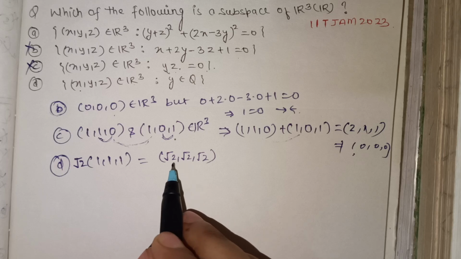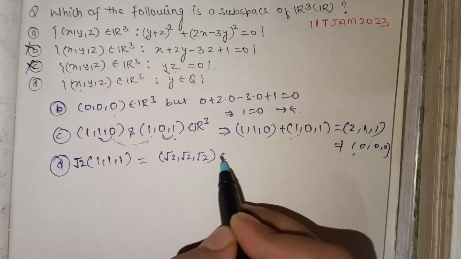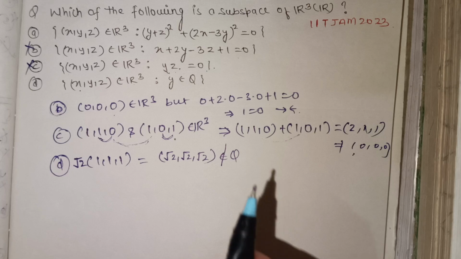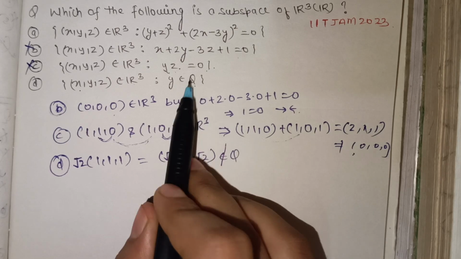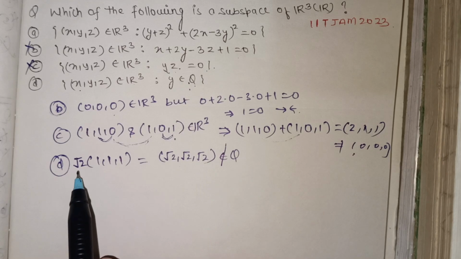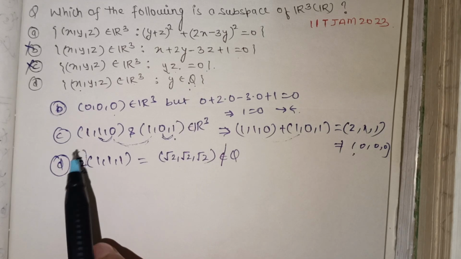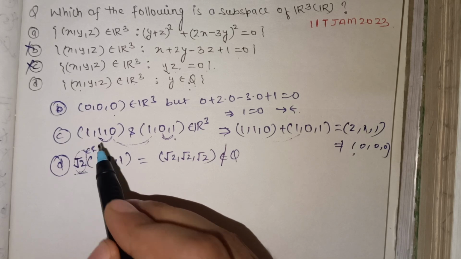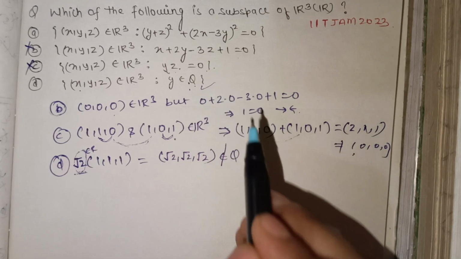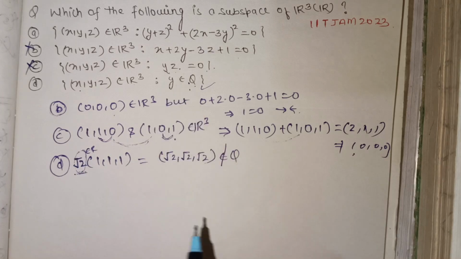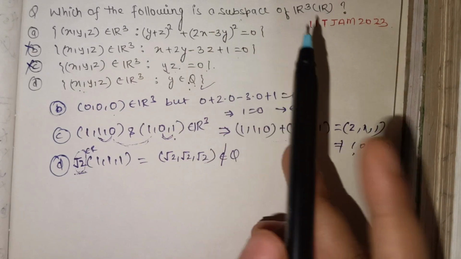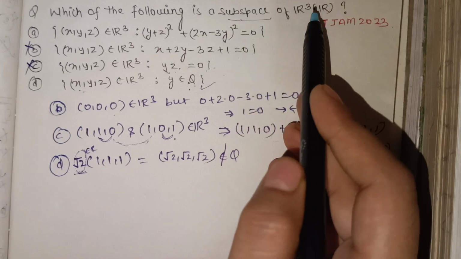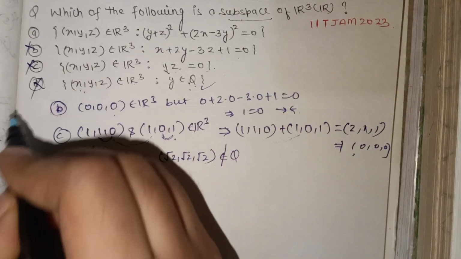Here y is an irrational number, which does not belong to Q, so this does not belong to the set. This is a scalar multiplication by a number belonging to R, but the result is not in the set. So scalar multiplication does not hold. If scalar multiplication does not hold, it is not a subspace of R3 over R. So this option is also incorrect.